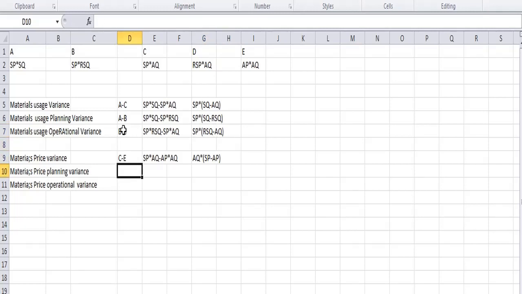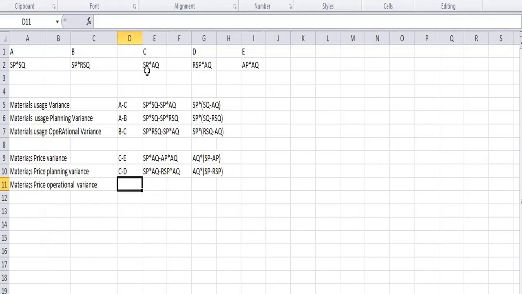Similarly for the material price variance, if we subtract C minus D, C is our SP into AQ minus RSP into AQ. AQ is common, we will take it out, and the remaining will be SP minus RSP. So this is the material price planning variance.